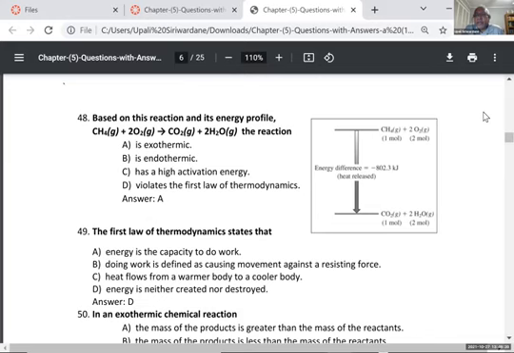When it goes to carbon dioxide and water, it has a lower energy. Therefore, it's an exothermic reaction. The reaction is negative 802 kilojoules, energy is released. So this is an exothermic example. Going uphill is endothermic.